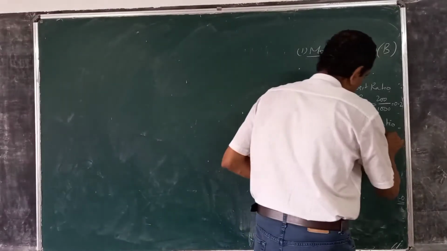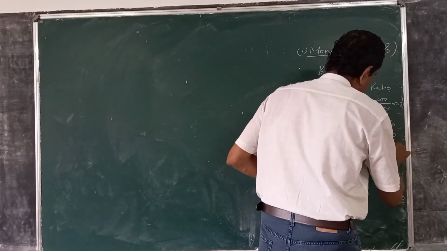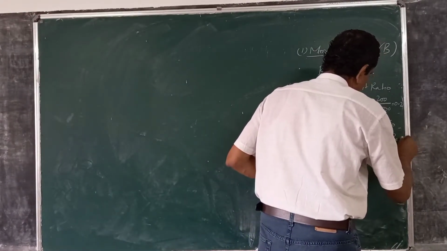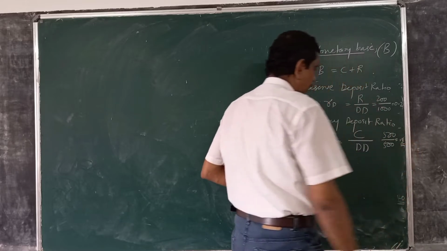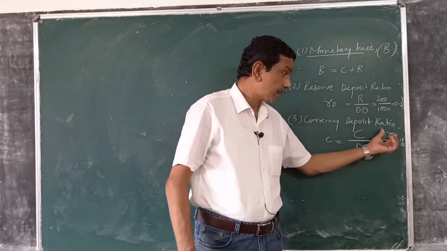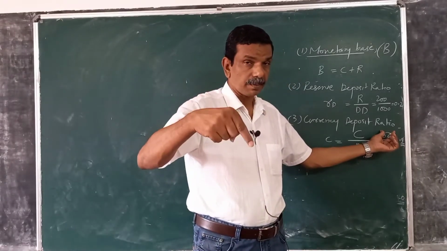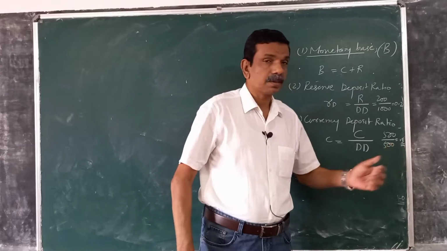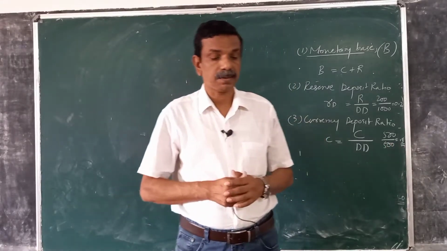If say the ratio is 500 by 500, it is 0.5. It means that of the total currency available, 500 is kept as currency by the public and 500 will be put in the bank as deposits.